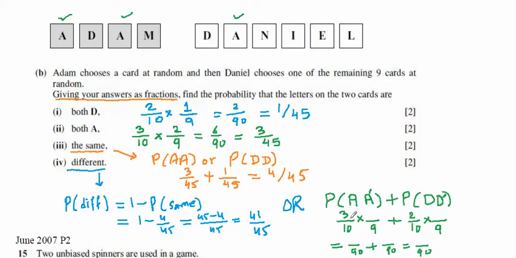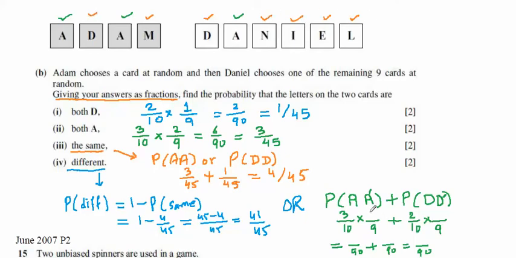Okay, now for A out of 10, there are 3 A's, so 3 out of 10. And from the remaining 9 cards, which are not A, will be 7, because we have 3 A's and 7 not A's. If you want to see what are those, we can mark them. This is not A, not A, not A, not A, not A. So 1, 2, 3, 4, 5, 6, 7.